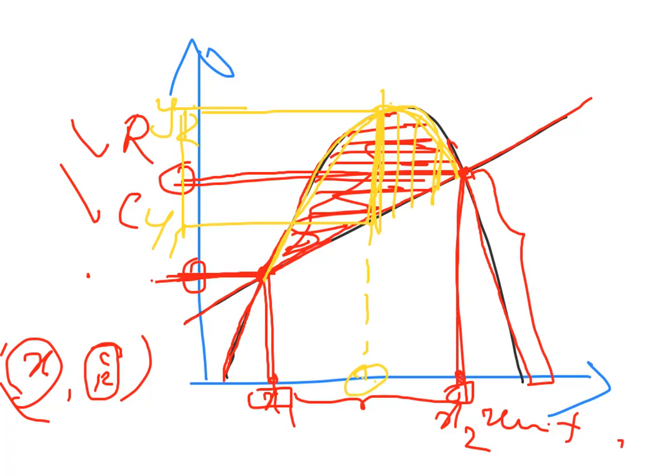Shall I put x star here? So x star is the number of units that generates the maximum profit. And what is the maximum profit? The maximum profit is the distance between y2 and y1. So you can find out the value.